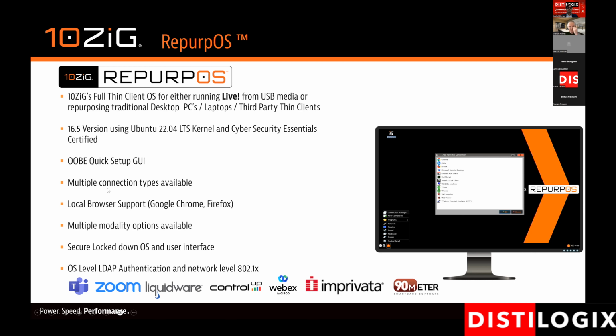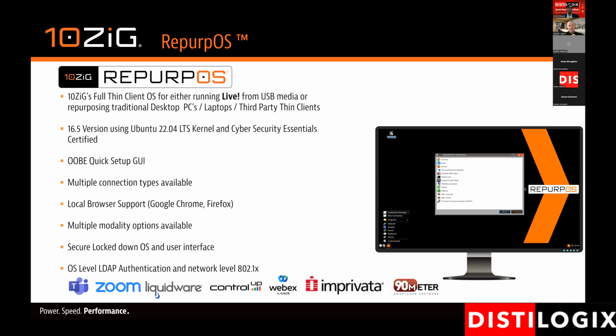So James has already mentioned as well that one of the benefits of RepurpOS is that you can connect to pretty much all the different types of VDI platforms that are available, but then you've also got that added functionality of local browser support using either Google Chrome or Firefox.